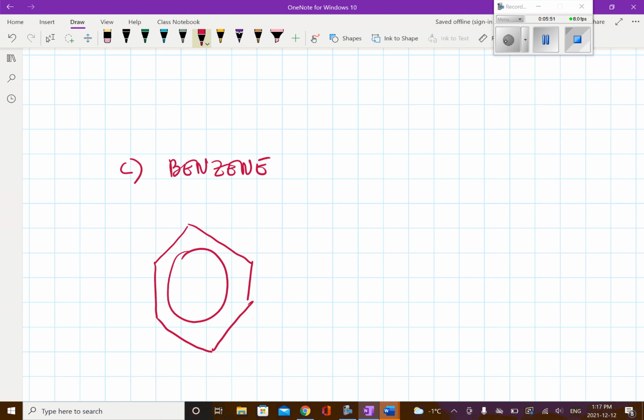And we have the ring, and on each of them you have hydrogen, hydrogen, hydrogen, hydrogen, and this is reacting, let's say, with hydrogen fluoride, and again this will be under some catalyst, and usually it is a UV catalyst.